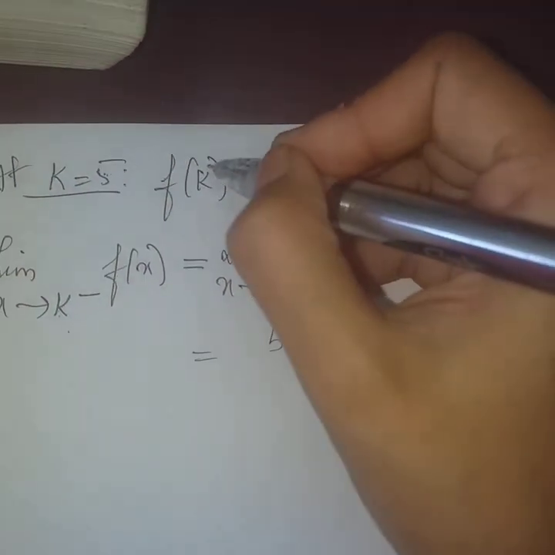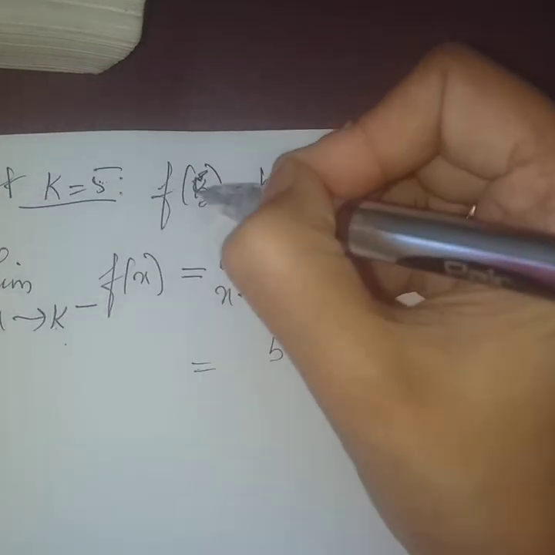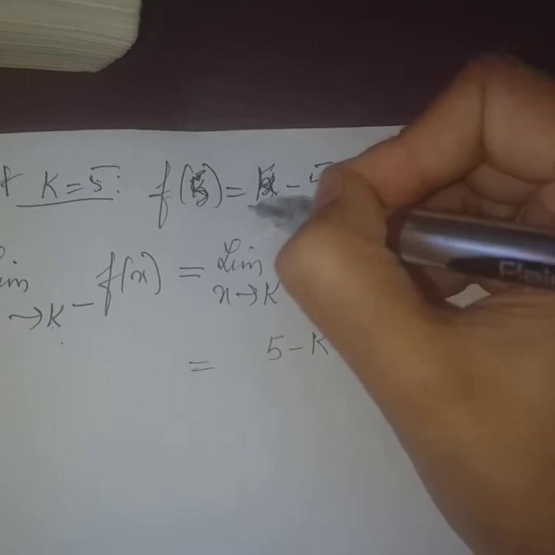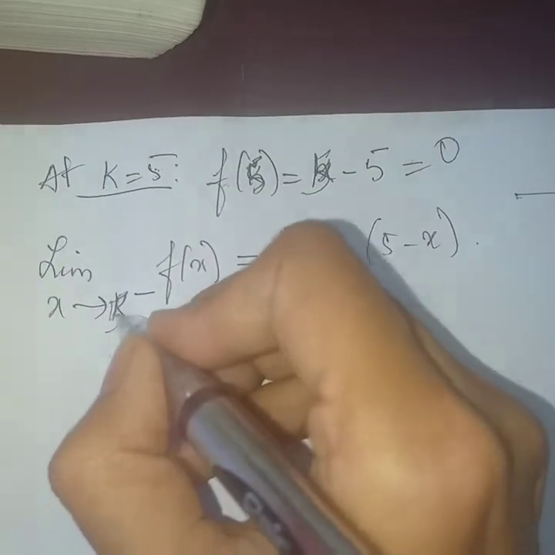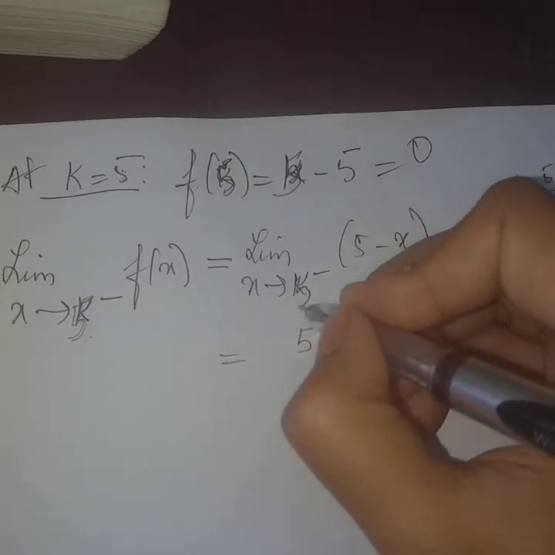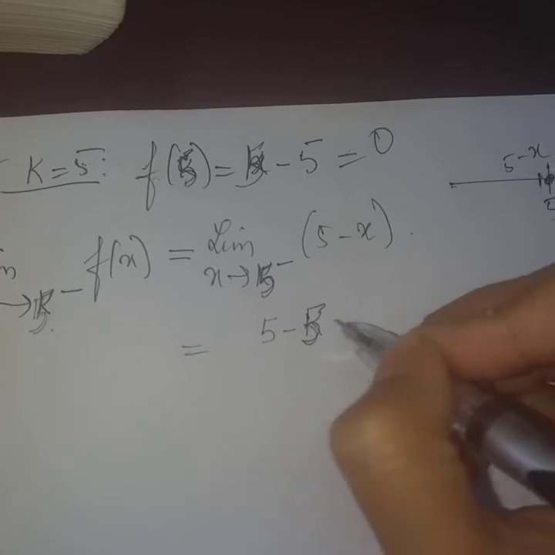Let us not make things complicated. Here k equals 5, so f of 5 is 5 minus 5, which is 0.